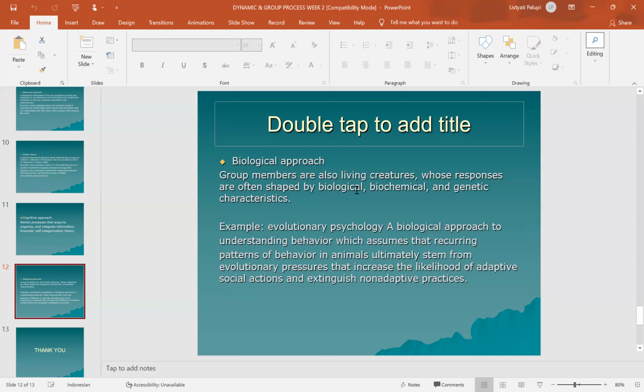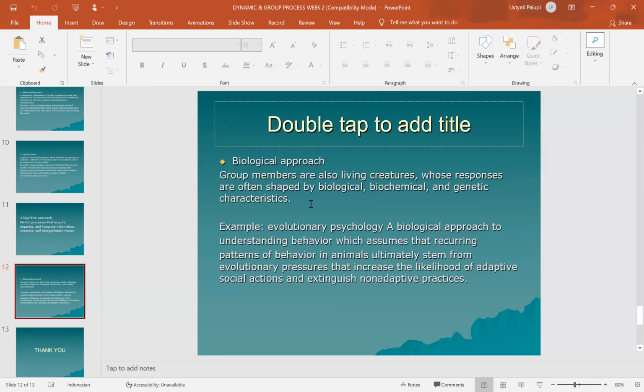So evolutionary psychology focuses on how individuals adapt in response to their surroundings, and in group dynamics, of course, in group settings.